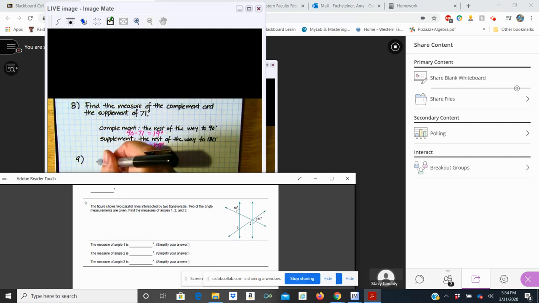All right, number 9 gives us a diagram. Tells you that these 2 lines are parallel to each other. And then asks you to find the measure of each angle.